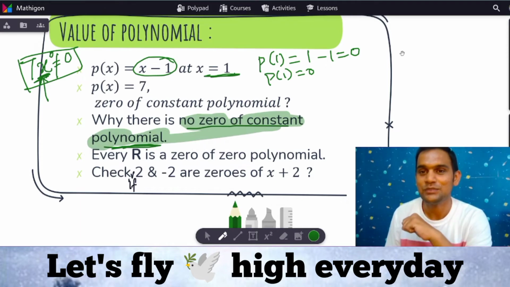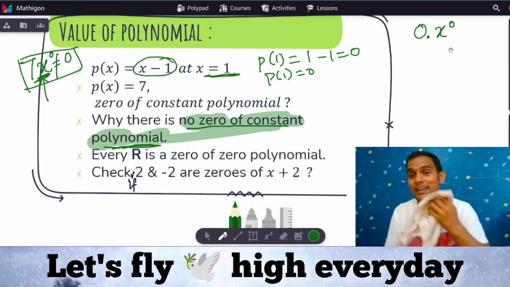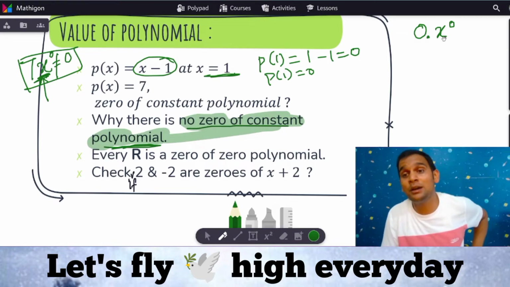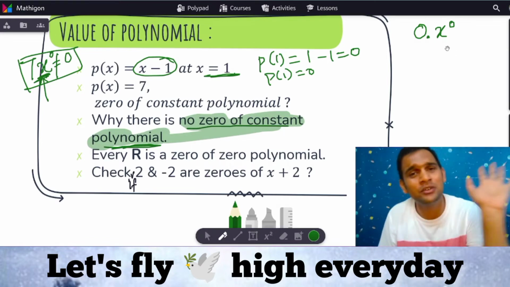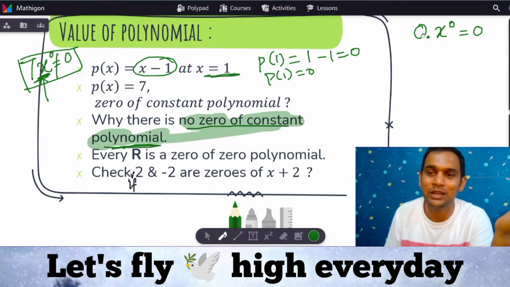But the zero polynomial is nothing but 0. The zero polynomial can be written as 0x to the power 0. Now in this case, no matter what number you give to x, any possible real number, every time this will go to 0 itself, because 0 multiplied by any number is 0.